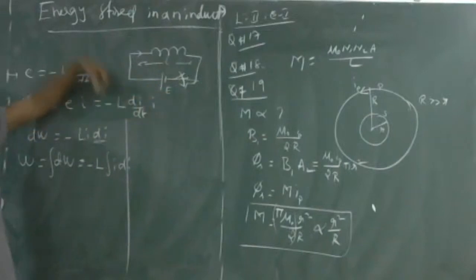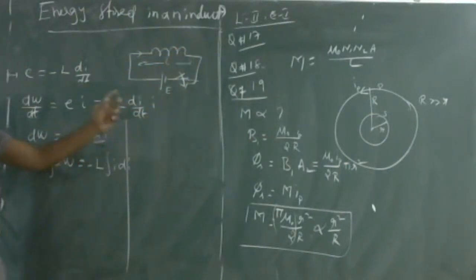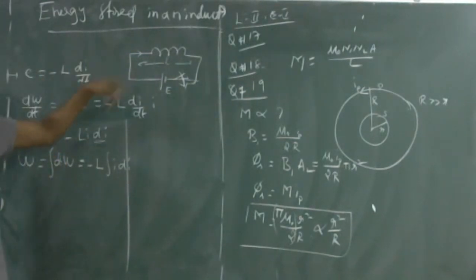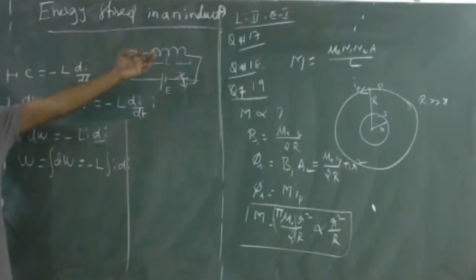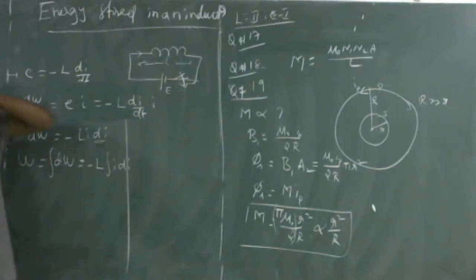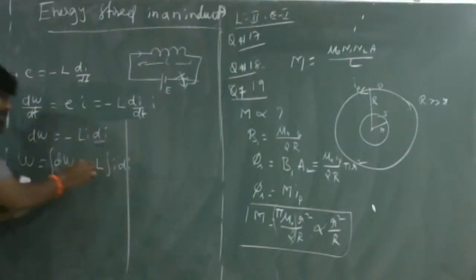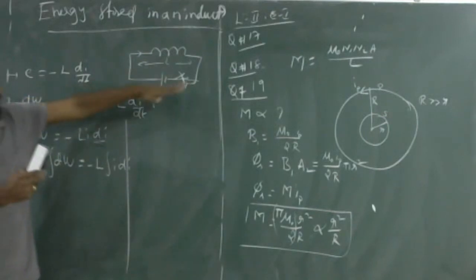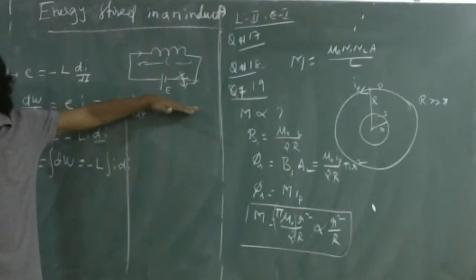It grows from zero value, so we are changing the current. To do that, we are doing some work. The rate of doing work to grow the current from zero to the maximum or steady value is nothing but the power, which we take as dw by dt.